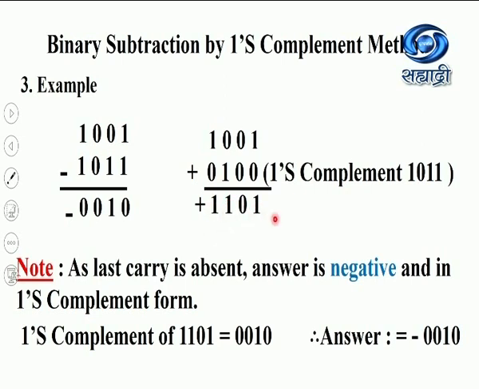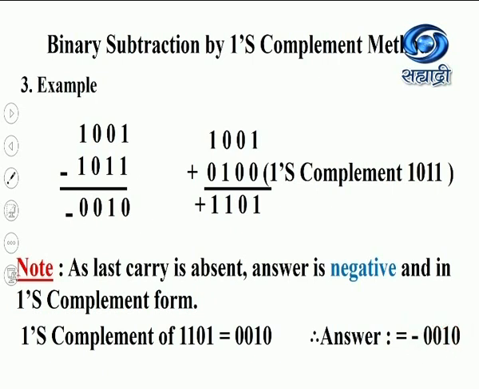1101. Note students, as in this example the last carry is absent, so the answer is negative and in ones complement form. The ones complement of the result, 1101, is 0010, and we are going to express that answer with a negative sign, so minus 0010.